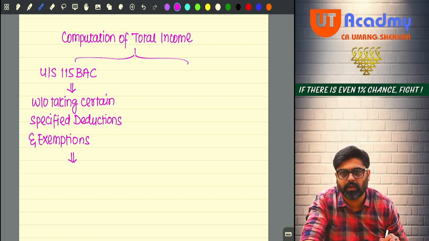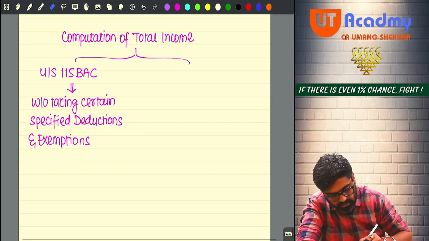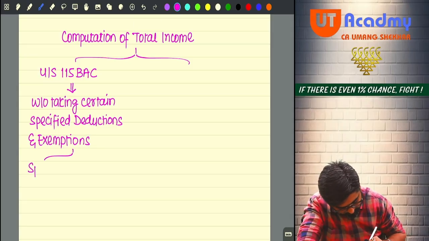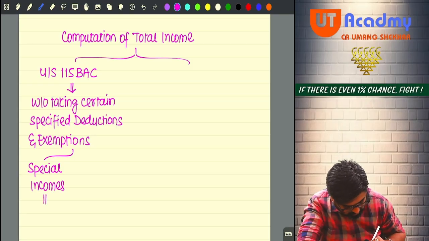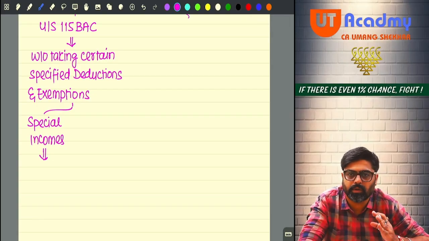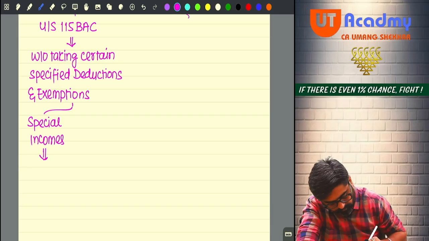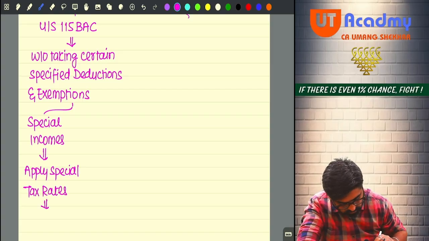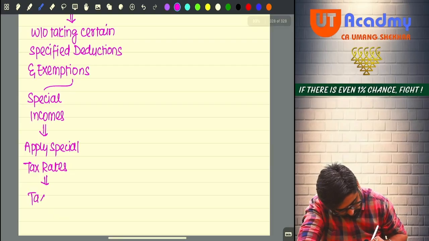Now, once you calculate your total income like this, from your total income, whatever special income is there, special incomes means which incomes? STCG 111A, LTCG 112, LTCG 112A, winnings income. All those special incomes, apply the special tax rates which are applicable on those incomes, and calculate the tax.